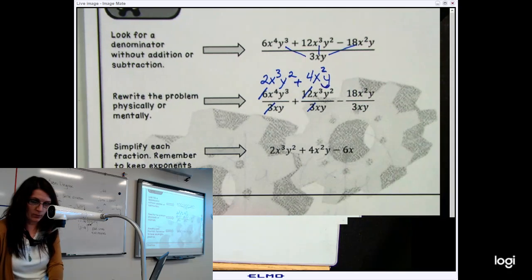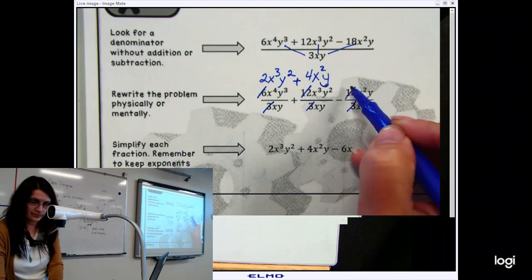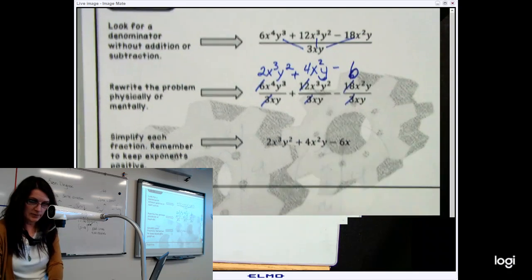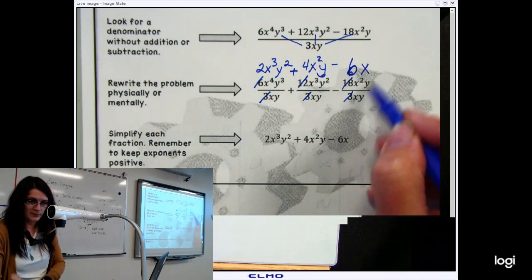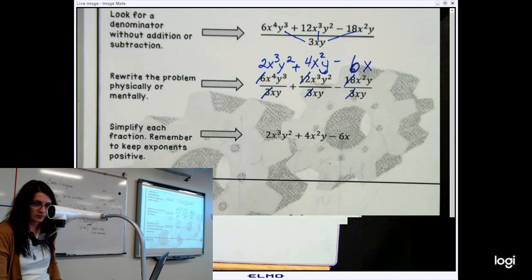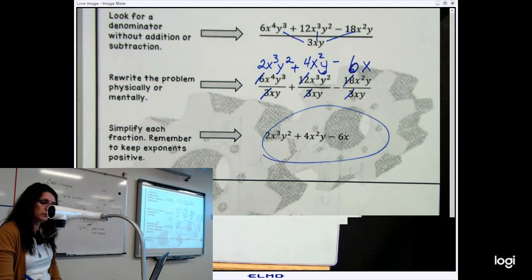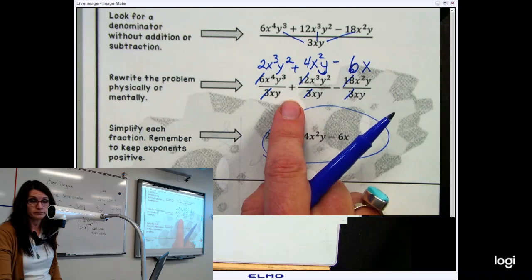I better make that look like a y. All right. 3 into 18, so minus 6. 2 minus 1 is 1. And what happens with my y's? They cancel. And that's how we got that right there. So if you like to physically see things cross off, rewrite the problem.